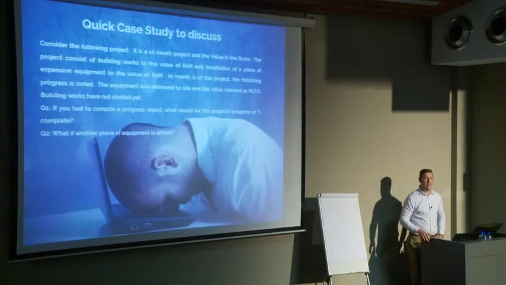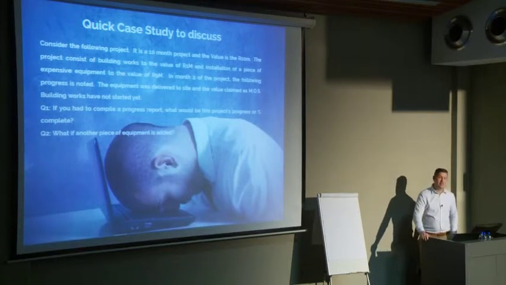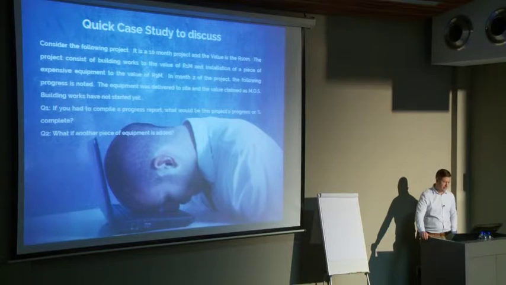So the case study that I have there is a unique project that, if you look at it, is a 10-month project. And the value of that project is 10 million. Now, the question that I ask, let me just give you more information. In the first month, or the second month of the project, we can note the following progress. The equipment, which is now 9 million worth of equipment, was delivered to the site.